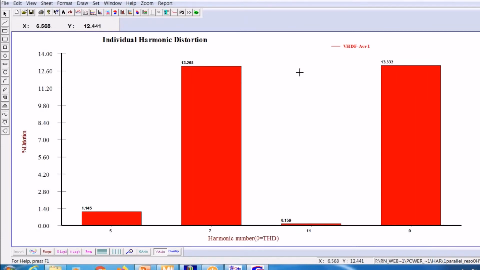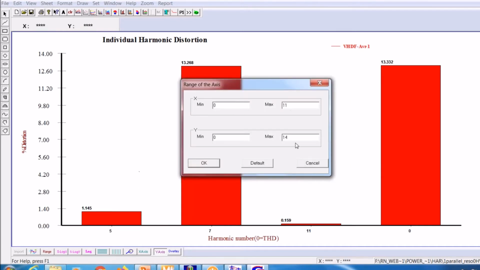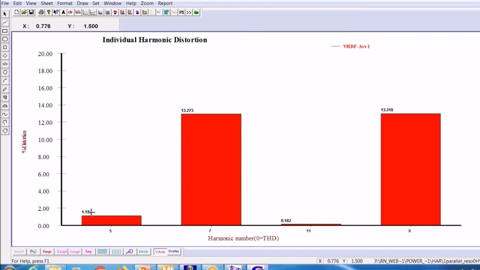Corresponding to the fifth harmonic, it is 1.182 voltage distortion, the 7th harmonic is 13.273, and the 11th harmonic is 0.182. The 0 here corresponds to the total harmonic distortion, which is the square root of 1.182 squared plus 13.273 squared plus 0.182 squared. The square root of that is 13.318, very close to that.